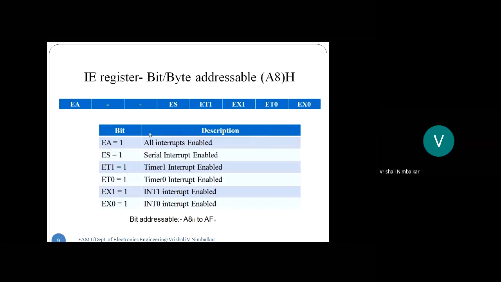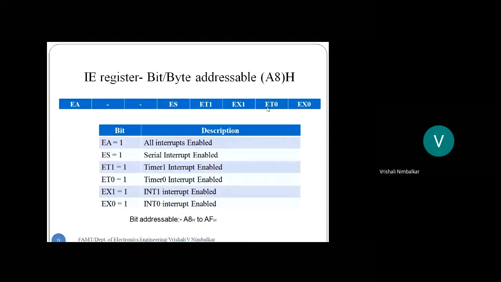So see here, that blue color, that is the interrupt enable 8-bit register, right? You can set and clear bit by bit as well as it is byte accessible. SFR address, A8 hex. So look into the lower bit, EX0. This is the enable int 0 bit.